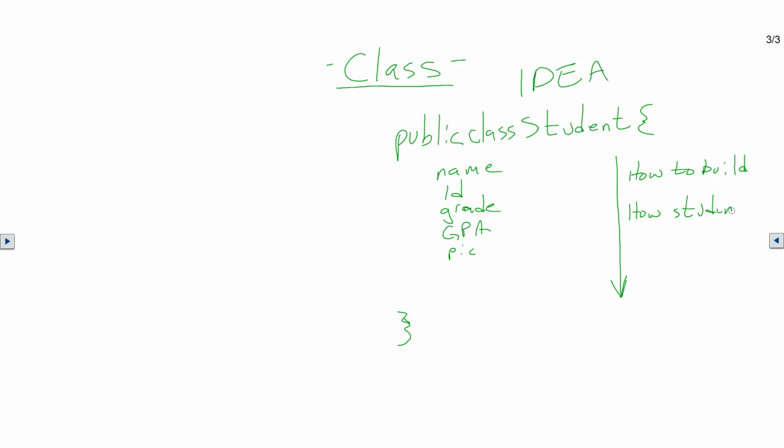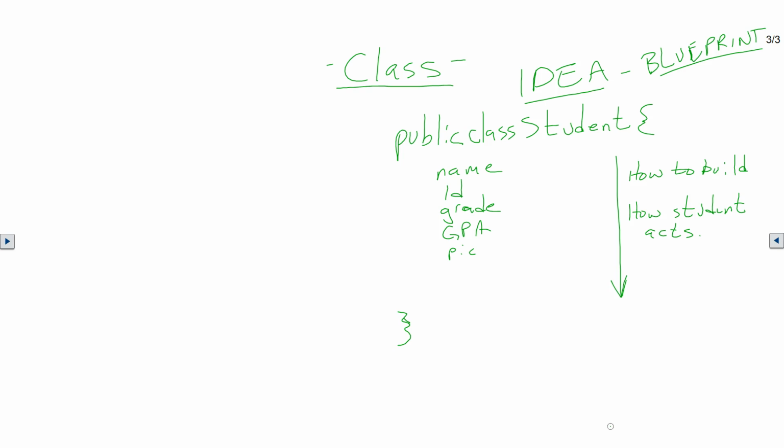You're going to hear me refer to it interchangeably as the idea or the blueprint. In other words, I need to know not just what a student is, but how to build it.